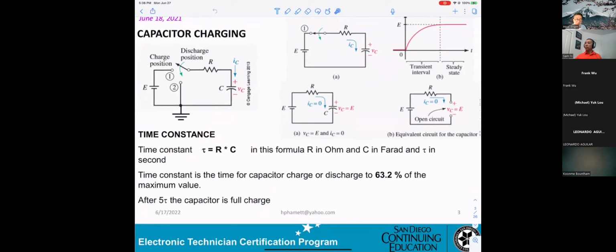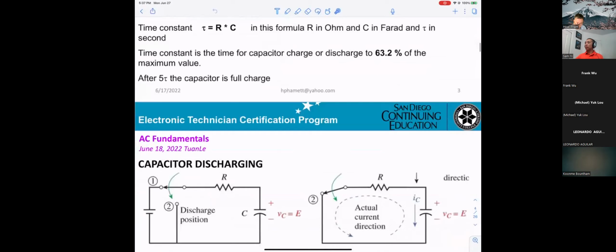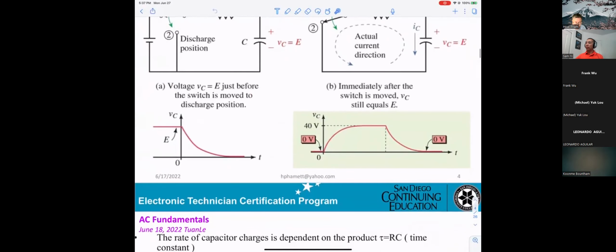The definition of the time constant is the time to allow a capacitor to charge or discharge to 63.2% of the maximum value. After 5 time constants, the capacitor must be fully charged. So this displays capacitor charging, and this is discharging.